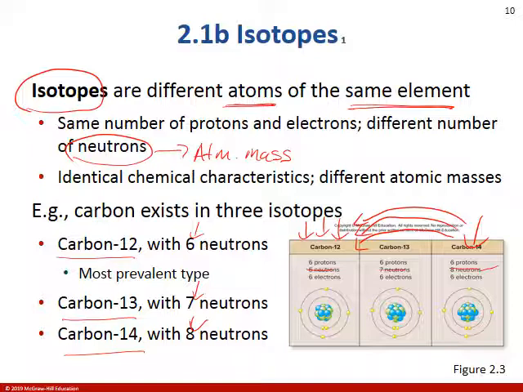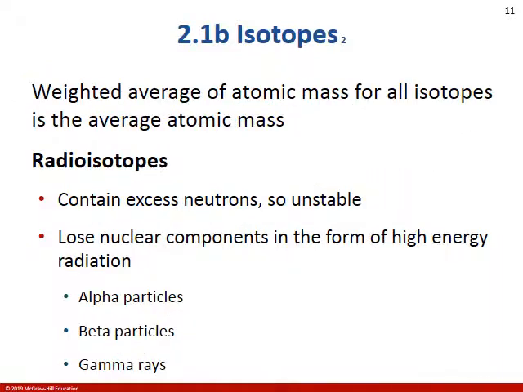The next slide is really what you'll have to know for allied health. So this I just gave you a little bit more information than you probably need. Isotopes, they're elements with different numbers of neutrons. So this is how we use isotopes in medicine. We're going to give you a radioisotope, and it is unstable.